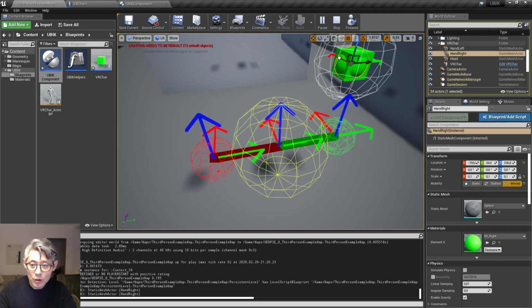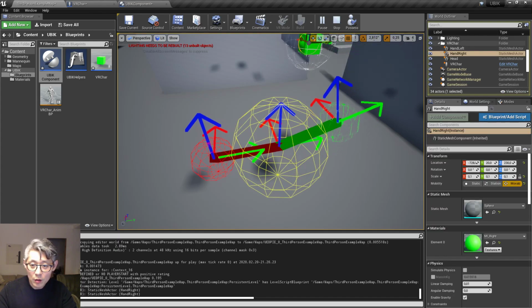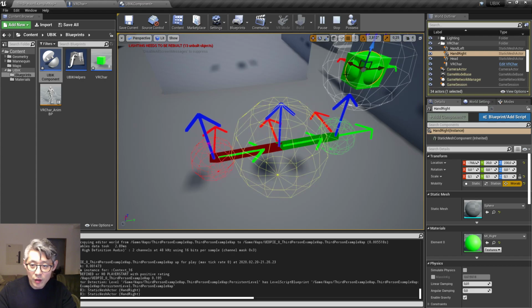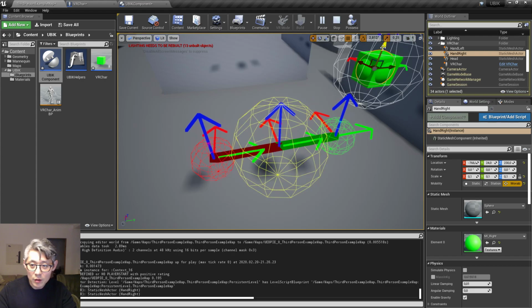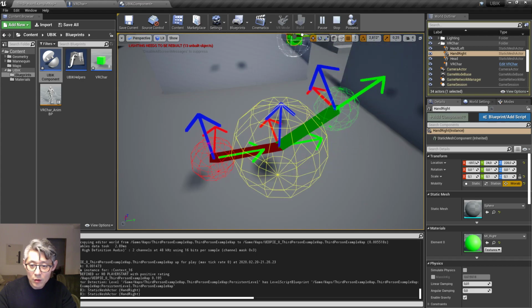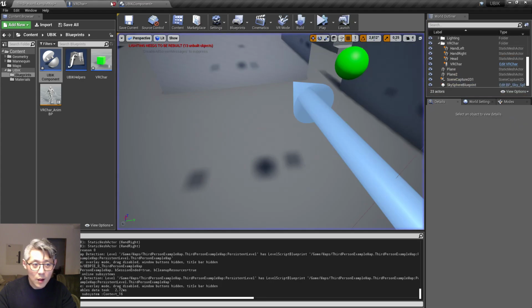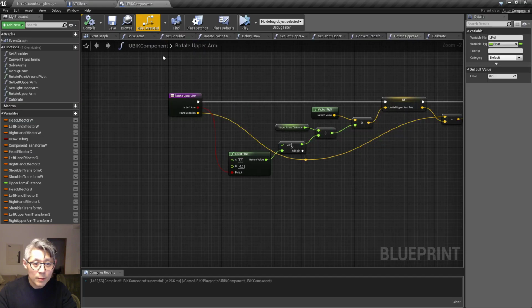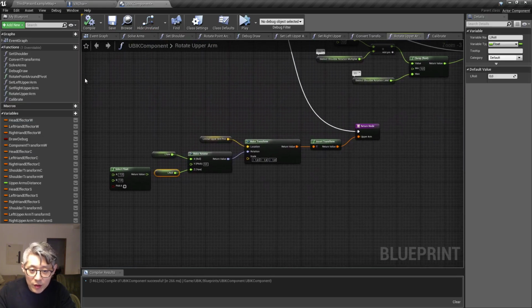If I move this one, okay, that's definitely not right. Huh. Okay, so it seems like we have a bug. The roll, no, okay. I switched them around.